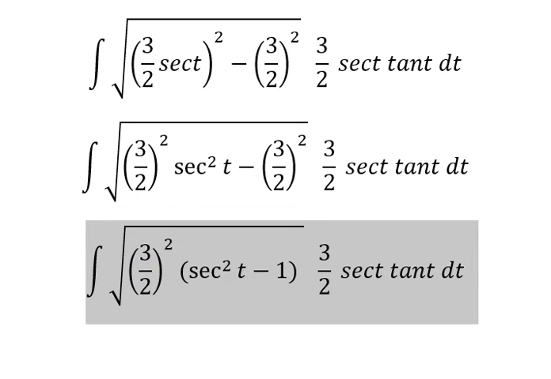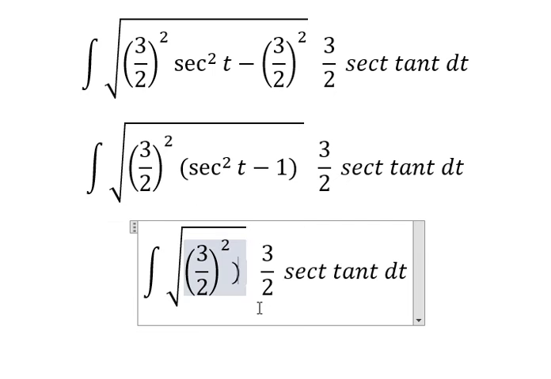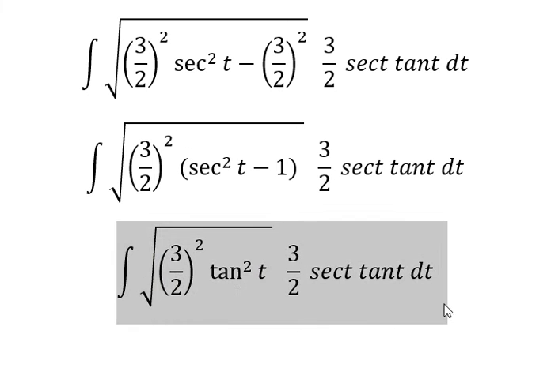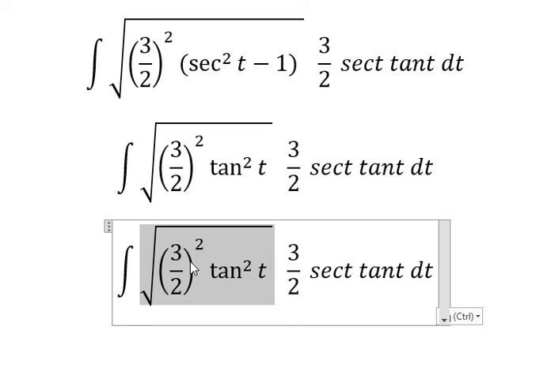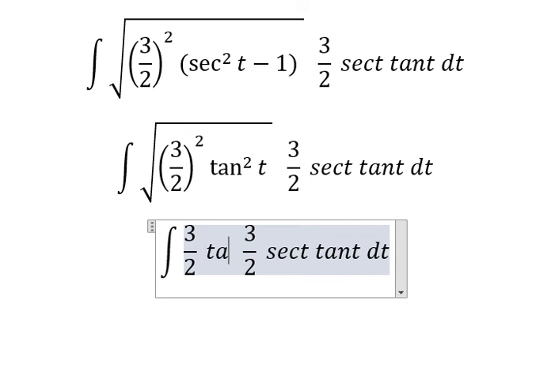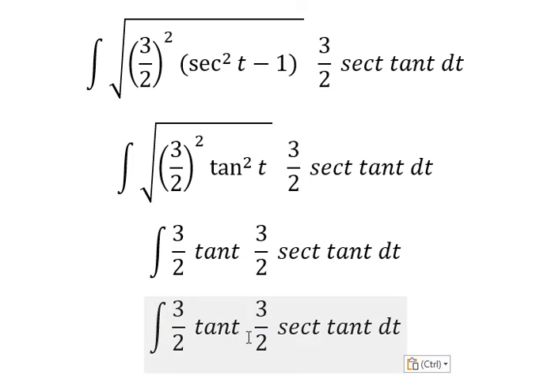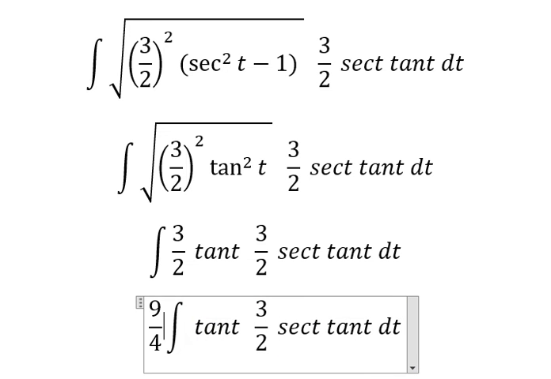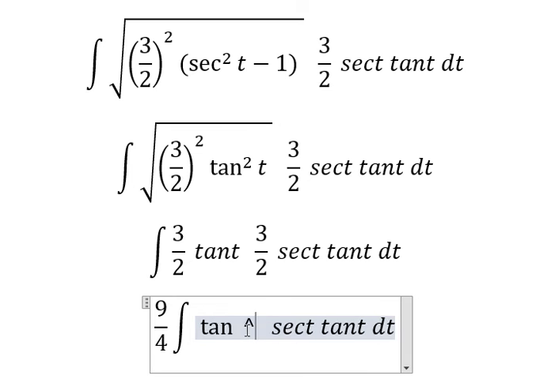Next, secant of t square minus 1, we change by tan t square. The square root of this one, we have 3 over 2 tan t. 3 over 2, 3 over 2, we have 9 over 4. Tan t, we have tan t square.